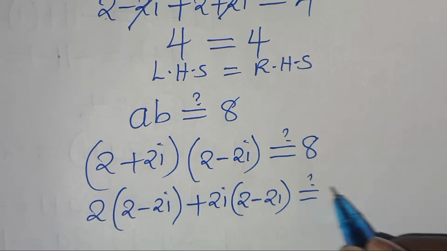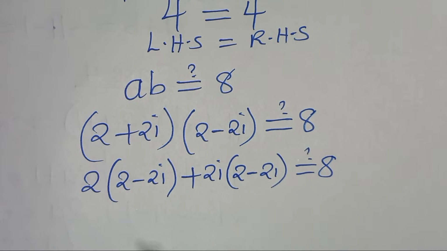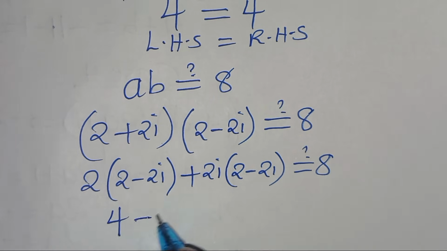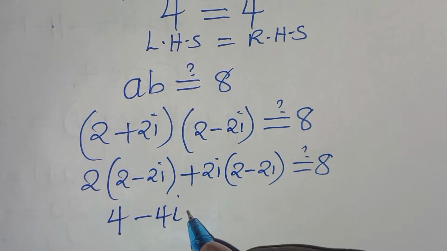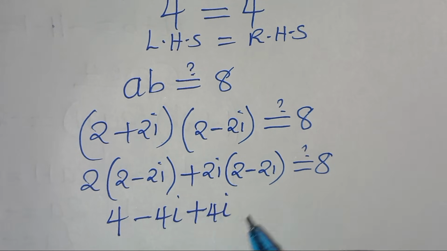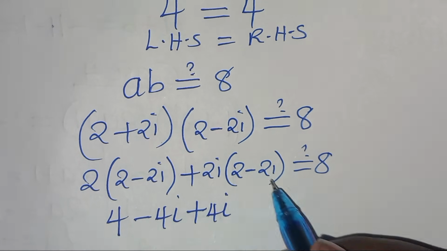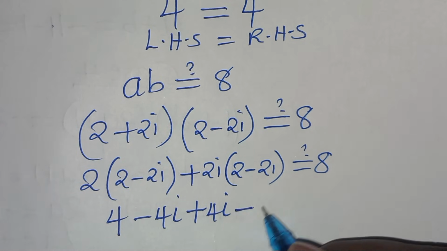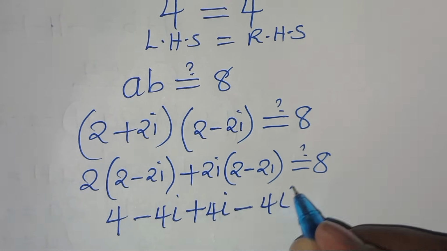This should give us a value of 8. 2 times 2, this is 4. 2 times minus 2i, this is minus 4i. Then plus 2i times 2, this is plus 4i. Then 2i times minus 2i, this is minus 4i squared.